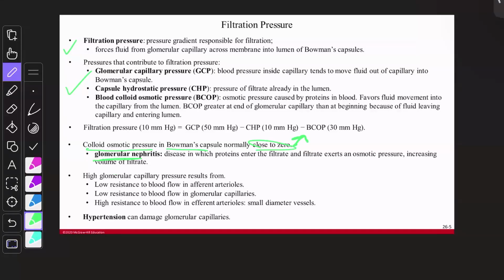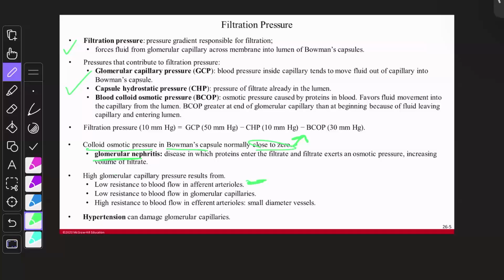Now, because we have to keep the pressure in the capillary high, there are multiple mechanisms that we use to control that. The first thing that we have to have is low resistance to blood flow in the afferent arteriole. So first of all, where is the afferent arteriole? It's coming into the glomerulus.